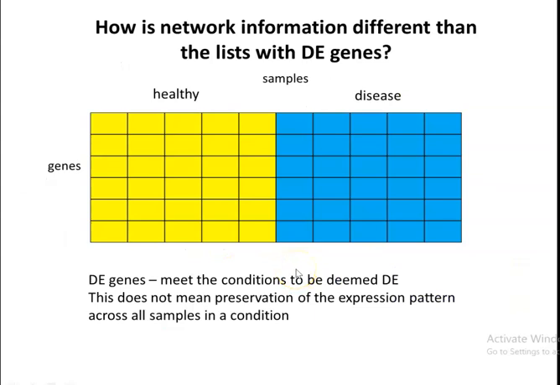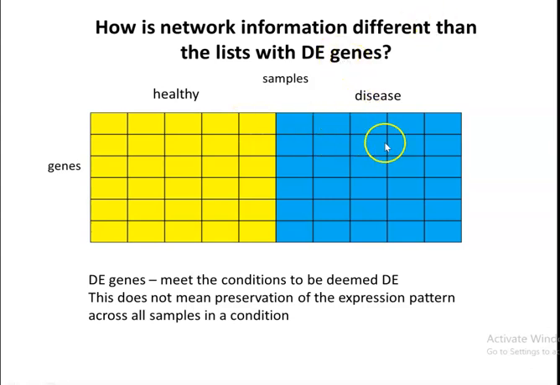Okay, let's imagine we have this scenario. So we have this gene expression network. These are our samples, these are our genes. In order to deem a gene differentially expressed, it just needs to have a pattern of expression that is shared between a minimum number of samples. For example, if you compare disease to healthy, it has to be shared between at least 3 disease samples relative to a few of the healthy controls, and it means that the gene is going to be deemed differentially expressed.